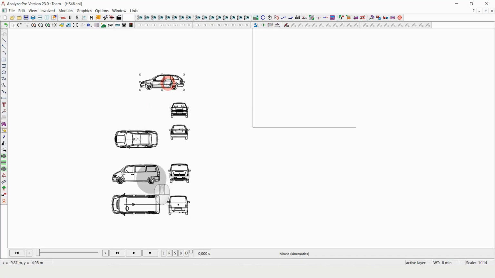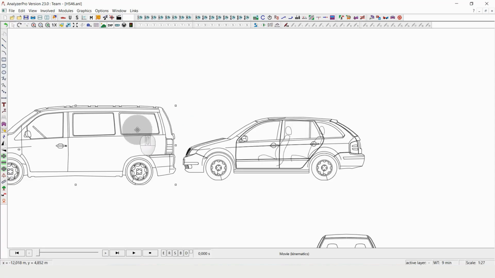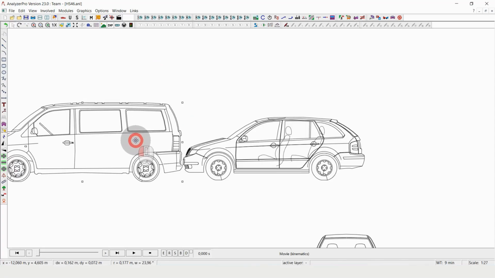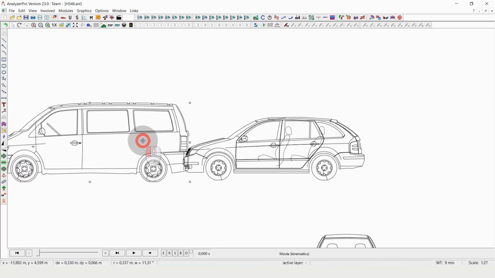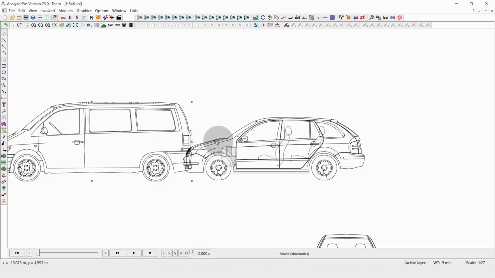So essentially what we are having is a situation like this, where the two cars are bumping into each other. This front part was a bit pressed up, and this rear part, very rigid metal part, was a bit bent in. So something like that.